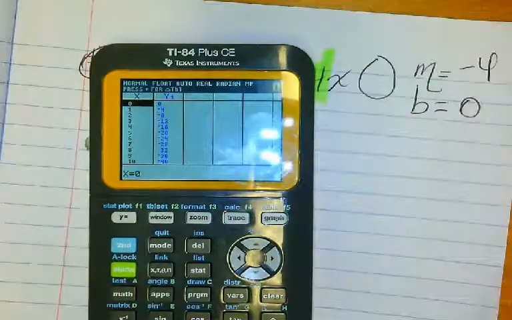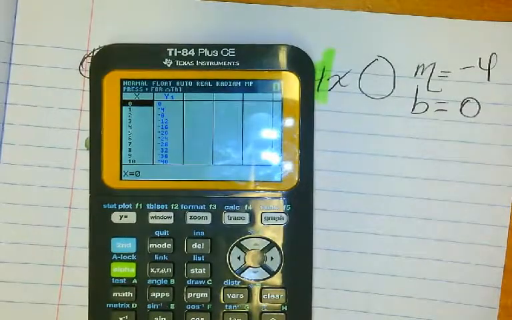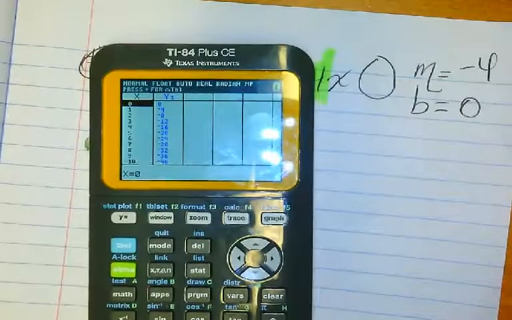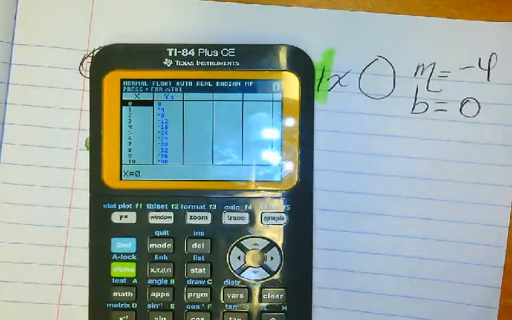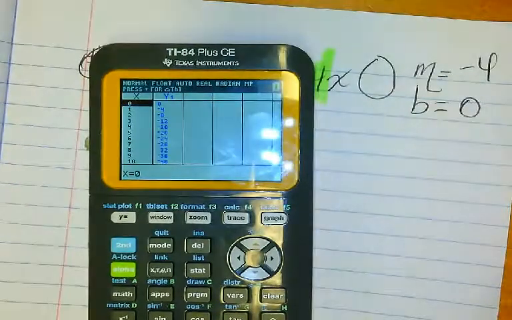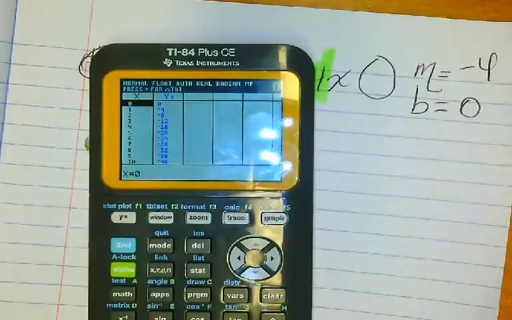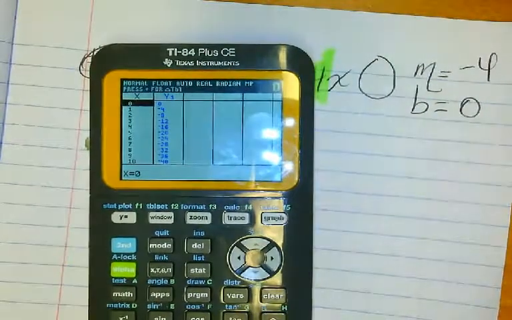You know to go to list 2, because that's the second equation you put in. So you see in the y equals thing where there's something in y1, but y2 is negative 4, and then you need to put x. It's the one right here next to the green button.